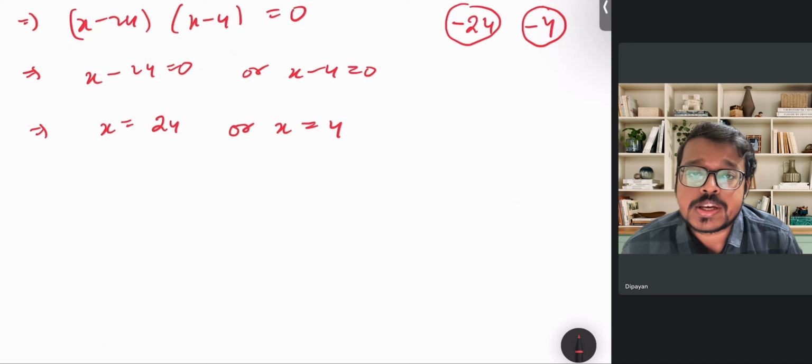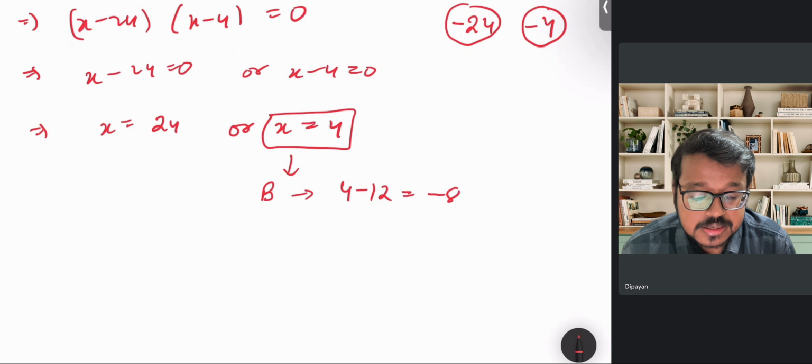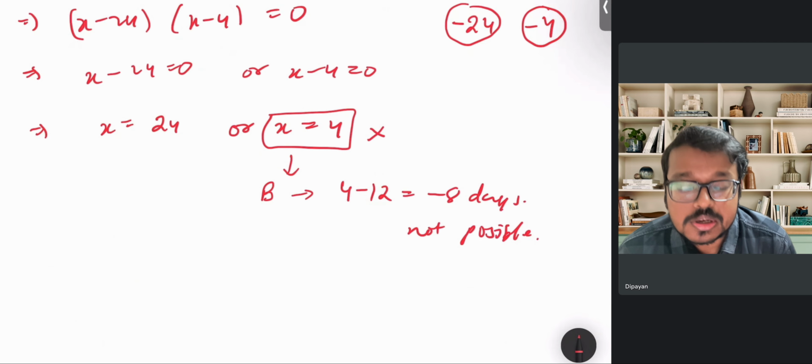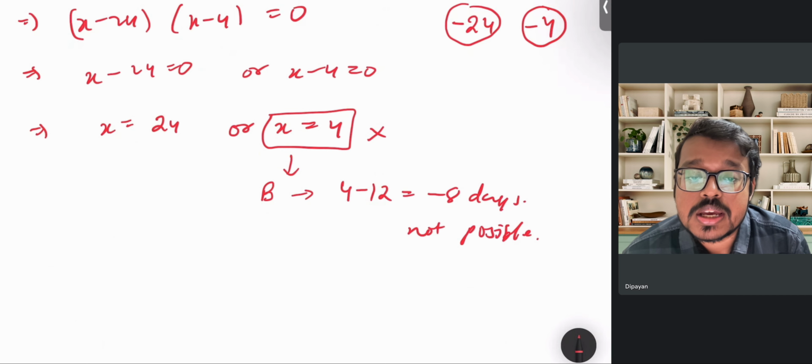Both seem to be fine, but there is another condition for Amit. Amit takes 12 days less than Bijoy. If X was 4, then Amit will take 4 minus 12, that is minus 8 days, which is not possible. So x equal to 4 will give a negative value for the number of days for the other person.